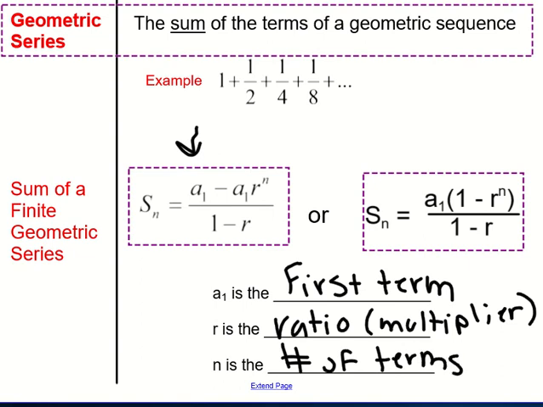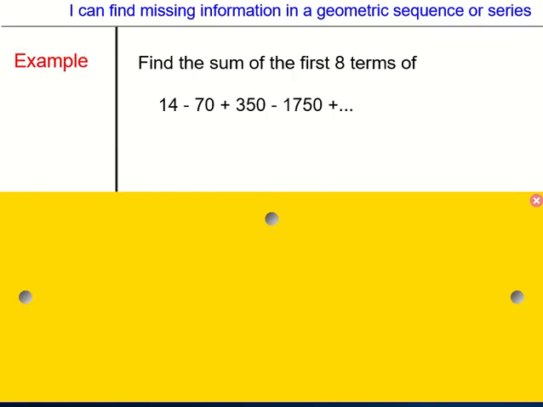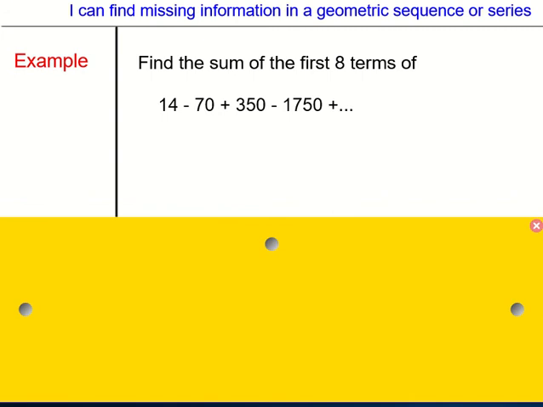On this example up here, we could use one of these two equations to solve for the sum of that sequence. Now we're going to jump to this example. It wants us to find the sum of the first 8 terms of 14 minus 70 plus 350 minus 1,750 plus, and it's going to continue on.